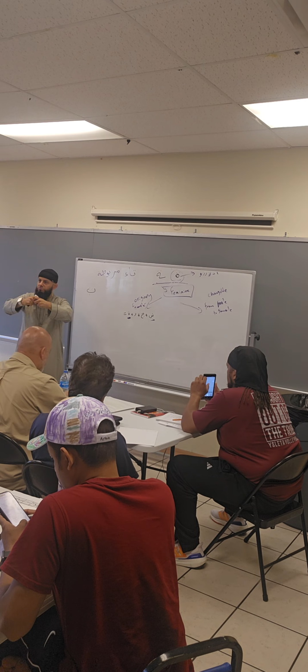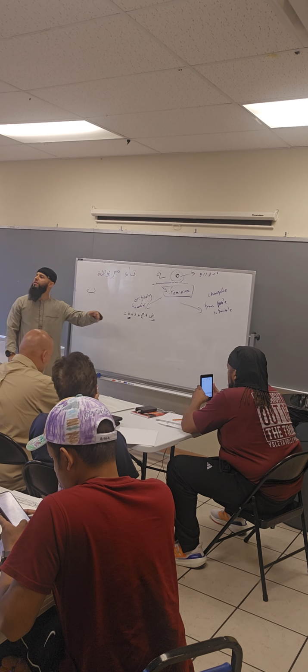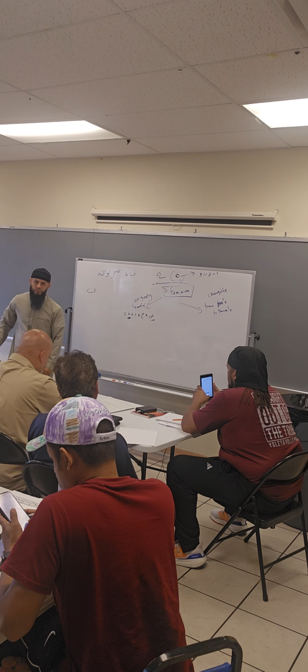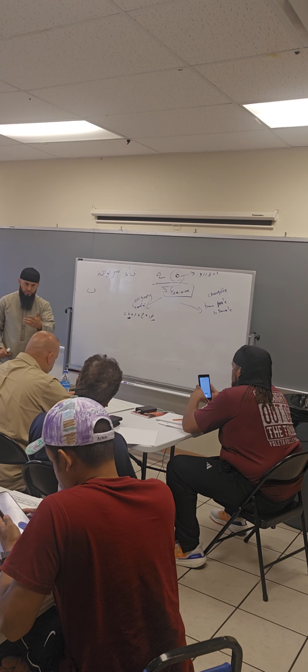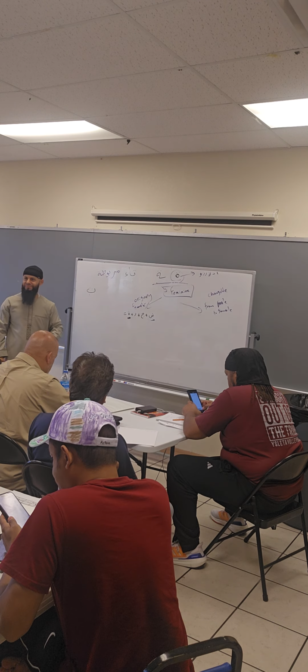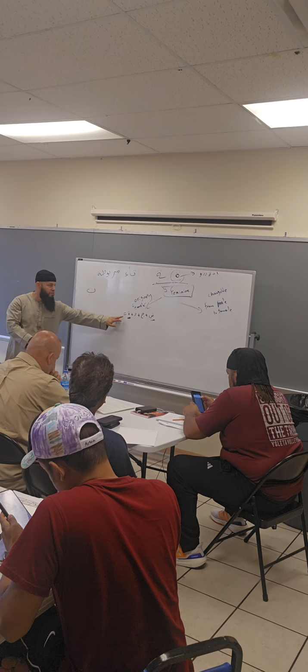But it's ta, and we pronounce it as ha at the end. If you stop at the end of the word, it's ha. But if you continue the sentence and there's another word after it, you're going to pronounce it as ta.